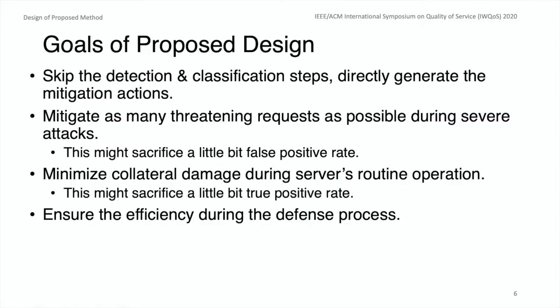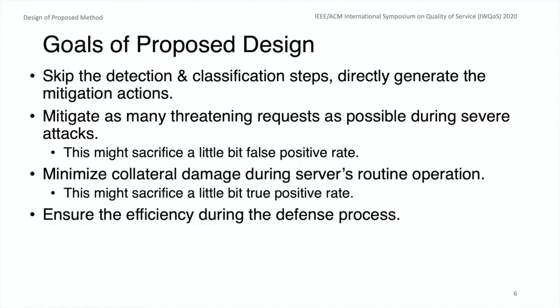So here is our design idea. Can we just skip the detection and classification steps and directly generate the mitigation actions? Our goal is to mitigate as many threatening requests as possible during a very severe attack. This might sacrifice a little bit of the false positive rate, but when the system is under attack, it doesn't care.